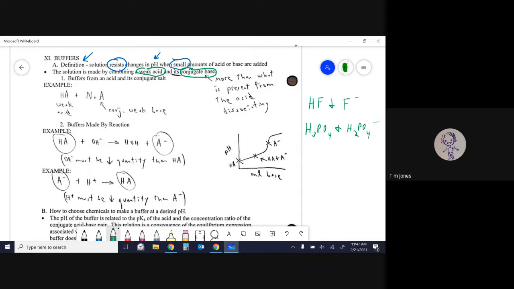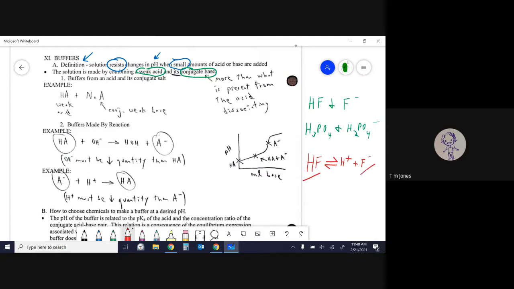Now, you might be thinking, well, if I have HF by itself, doesn't HF automatically make H plus and F minus? So if I have HF, don't I also have F minus?